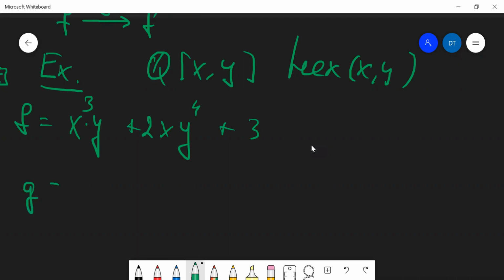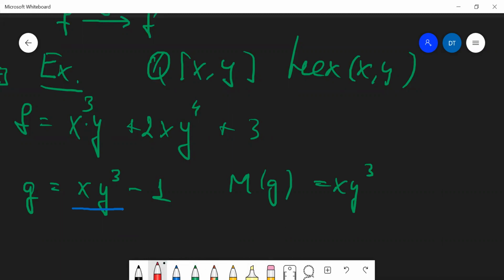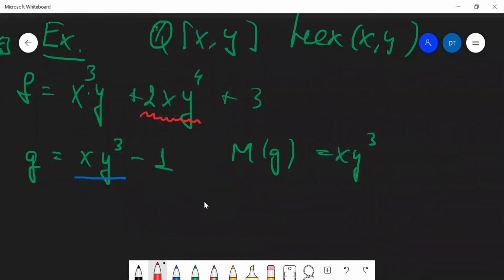And we have a polynomial g, which is x y cubed minus 1. Then the leading coefficient of g is this, the leading monomial is this. So m of g is x y cubed. Now we have a monomial in f which is divisible by the leading monomial of g. I highlighted it in red here. So our m in this case is x y to the 4th.